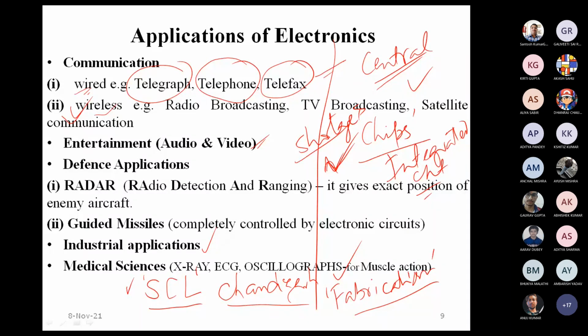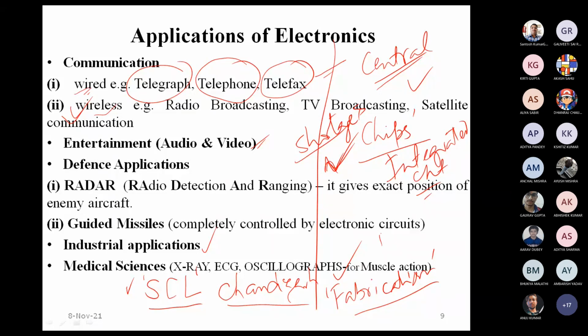A few fabrication houses some of you may know about are Samsung, TSMC, Intel. These are some other fabrication houses. AMD is also there. But they are not able to cater to the demand, because we are using electronics in almost every area.